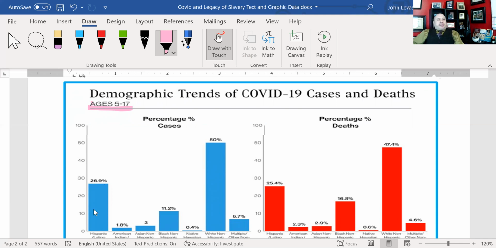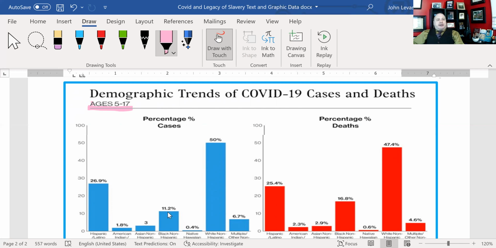Over here, Hispanics, just about 27% or 26% of American children are Latino. So that number is proportional. 25.4% chance of death. So there's less chance of death for Latinos.